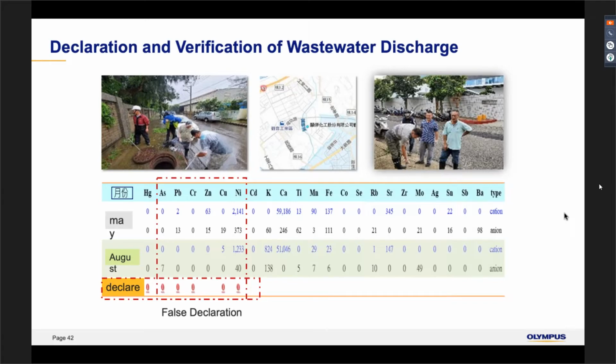Thank you, Prof. So have you seen any differences in the efficacy of the method with variations in wastewater non-metalloid compositions?